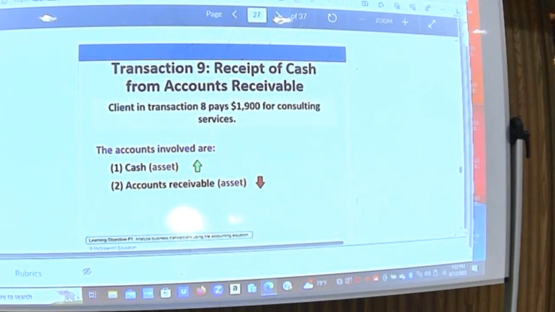Here we have the receipt of cash for that account receivable. Remember, we had that client who just promised to pay us. Now he's going to actually pay us, and our cash goes up and our asset account receivable goes down. But the point is, assets remain the same, the accounting equation is still in balance.